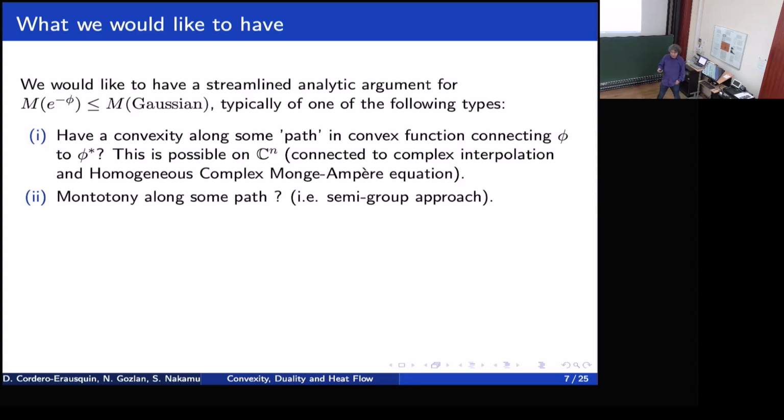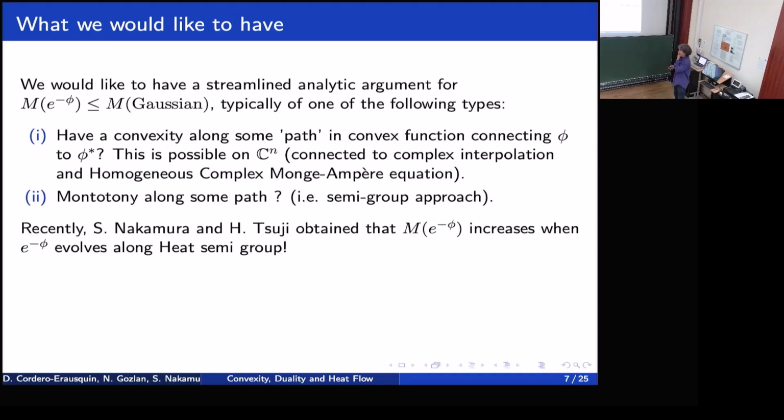And another possibility, more in the spirit of this Steiner symmetrization, is that you find a path that connects your log-concave function to your Gaussian, along which your volume product increases. Okay, so this was recently answered by Nakamura and Tsuji, who indeed proved a remarkable result that the volume product increases when your log-concave function evolves along the Fokker-Planck or heat semigroup.